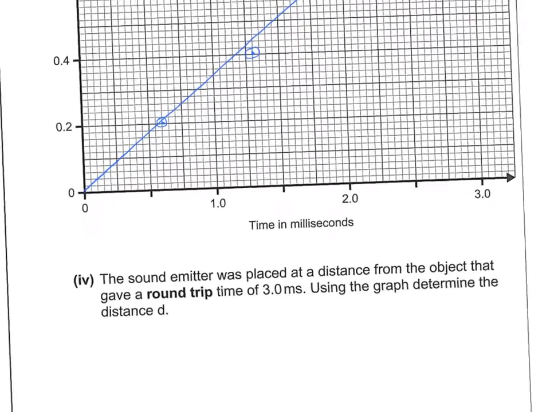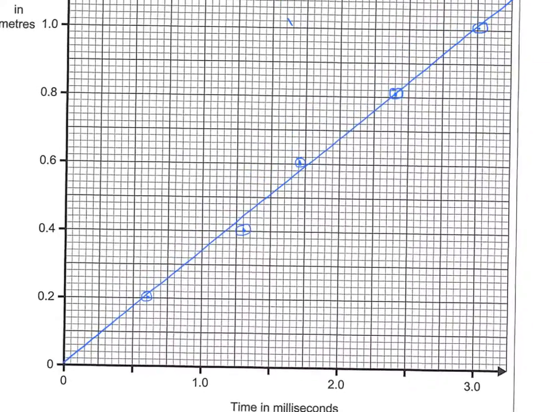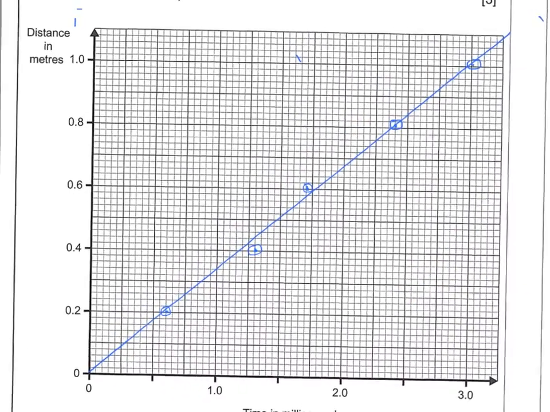Now we're asked to determine something from the graph. It says the sound emitter was placed at a distance from the object that gave a round trip time of 3 milliseconds. Using the graph, determine the distance d. So a round trip time of 3 milliseconds is going to correspond to 1.5 milliseconds on our graph. So we need to have a look at the graph and put those values on.